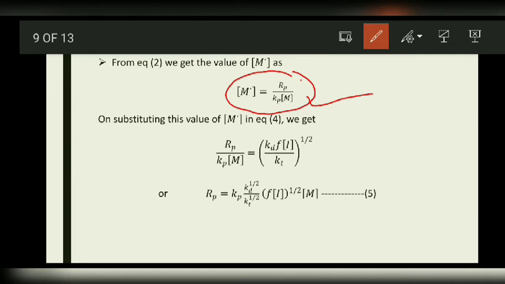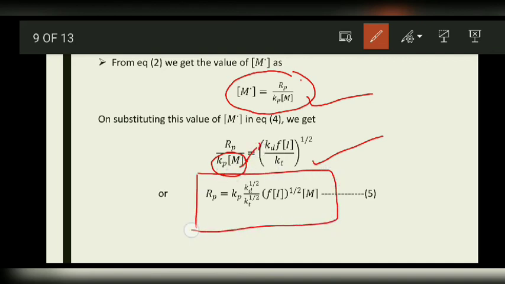So we are going to get this equation, and if we write it for Rp, transferring terms to the other side, you will get this final equation.